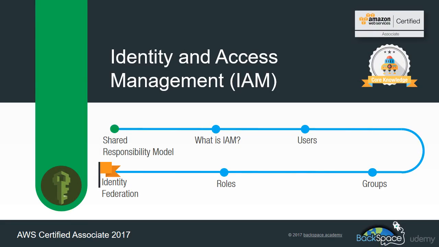In this lecture on Identity and Access Management, or AWS IAM for short, I'll talk about the concept of shared responsibility, how we are responsible for what we put on AWS's infrastructure. I'll talk about the IAM service and how we can create users and groups of users, and also how we can create roles that will grant least privilege access to a user or even a resource.